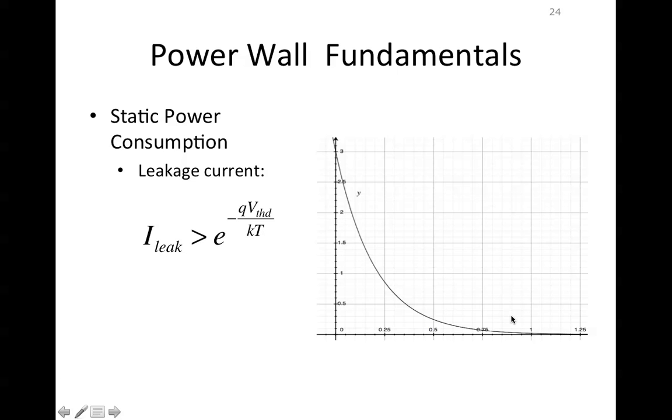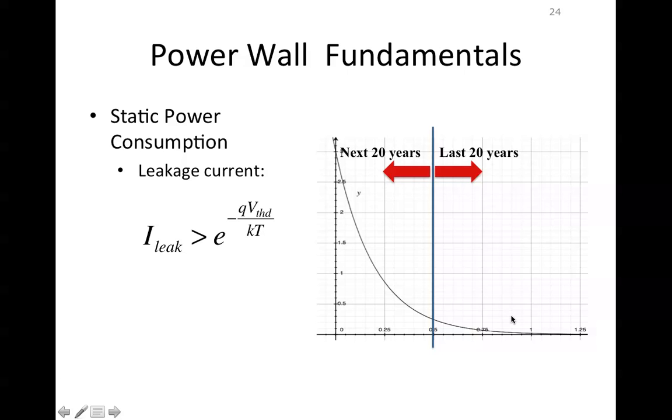So it turns out that in the past few decades, the exponential function has been there for a long time, but the absolute magnitude of the leakage current was small, thus we could ignore it in the last few decades.